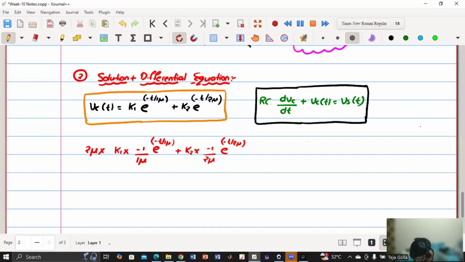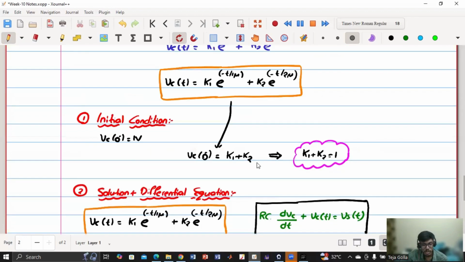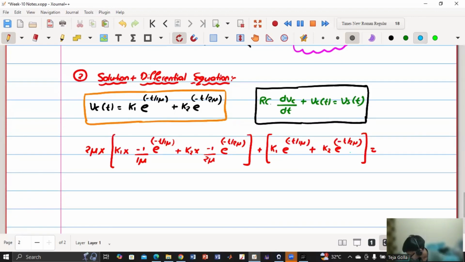So this entire expression plus Vc of t, which is K1 into e to the power minus t by 1 micro plus K2 into e to the power minus t by 2 micro, is equal to Vs of t. And Vs of t, how much did they give? That is the input. They are giving 2 into e to the power minus t by 1 micro.